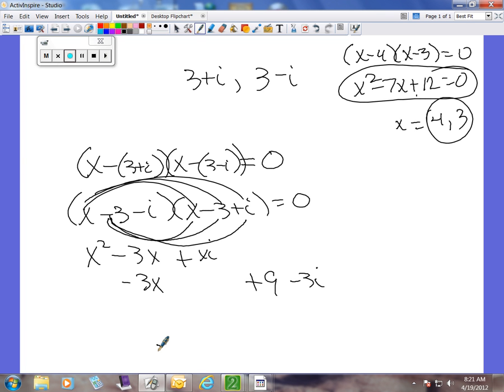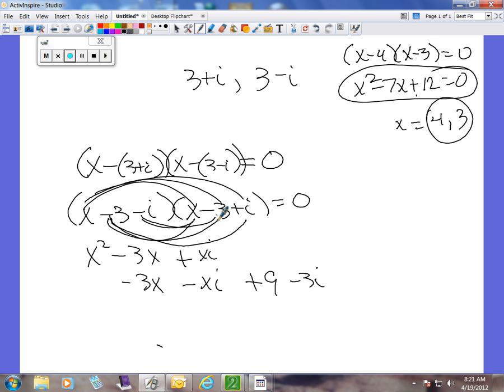Now we have to distribute this. So we have negative i times x, which is negative xi, so that's going to go under there. Then I have negative i times negative 3, positive 3i.